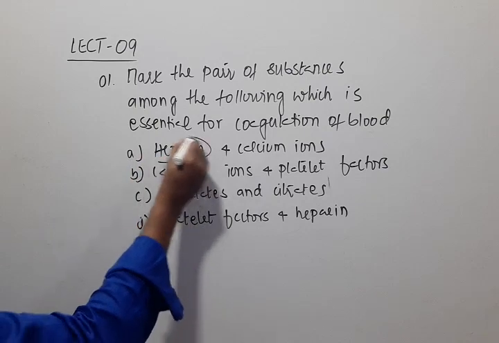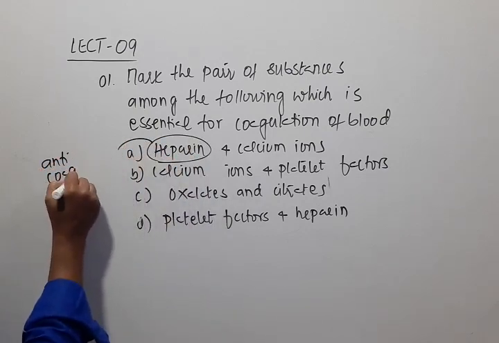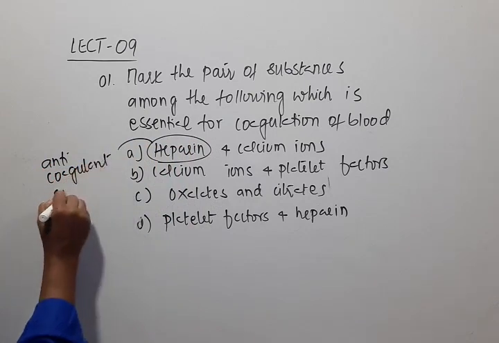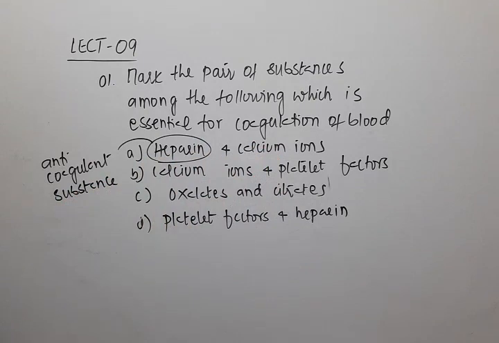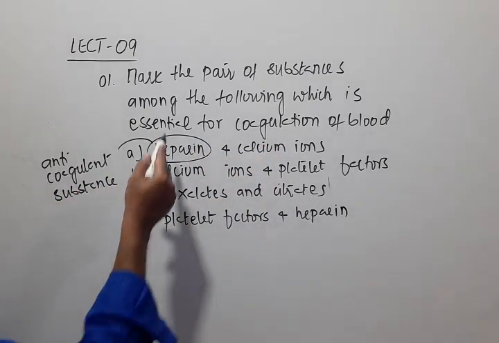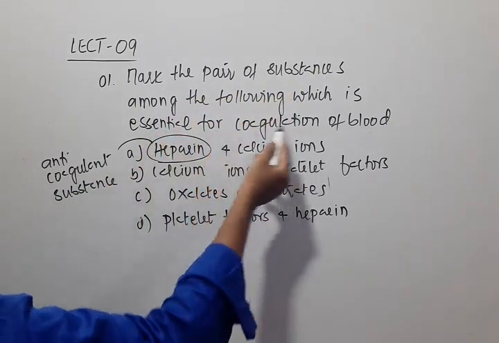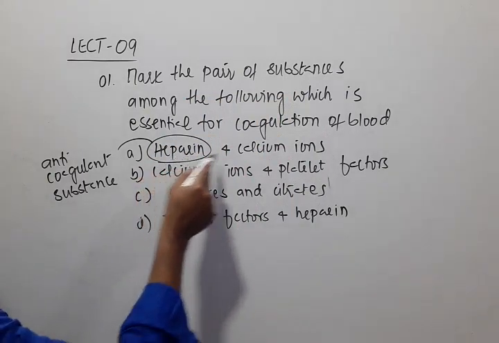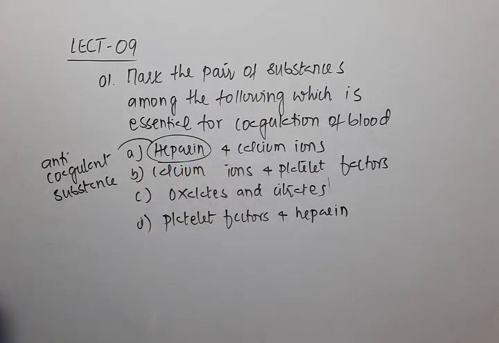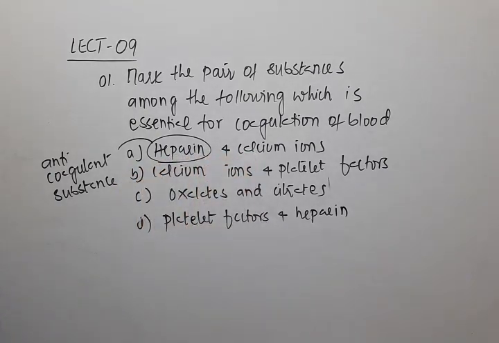Heparin is an anticoagulant substance, and calcium ions are the ones responsible for clotting of blood. As the question asks for the pair of substances essential for clotting of blood, we cannot take option A, which has heparin and calcium ions.